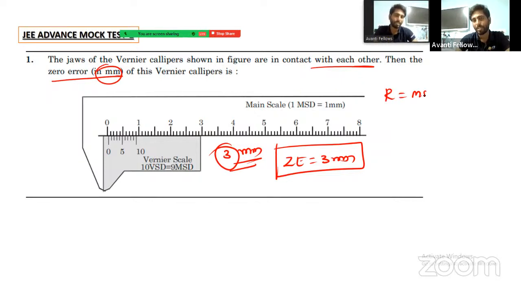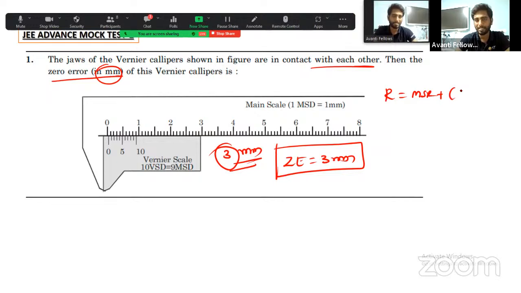Reading will be equal to MSR plus CSR or else VSR into least count. इतना होता है ना? If it is already moving in forward direction में है तो ये आंसर 0.3 मिलीमीटर आता है ना, इसको आप माइनस करना चाहिए. जीरो एरर को माइनस करना है ये आंसर. ओके, ये जीरो है ना, if it is coming before the main scale, उसको बोलते हैं हम जीरो पॉजिटिव एरर.